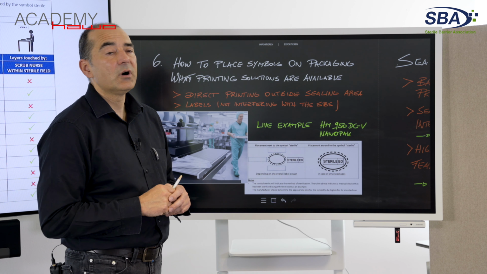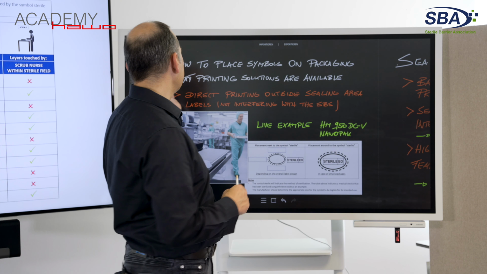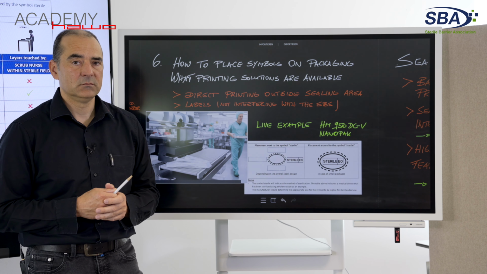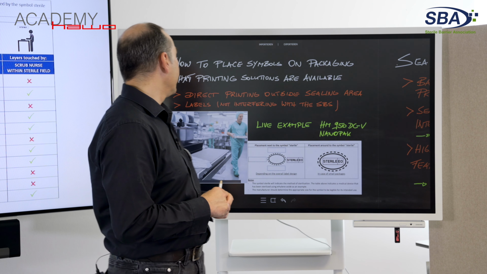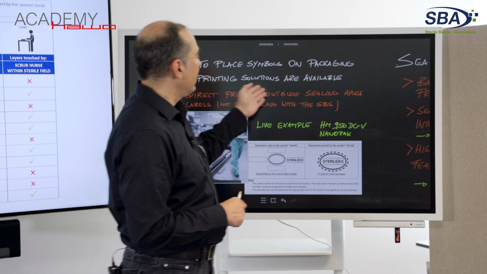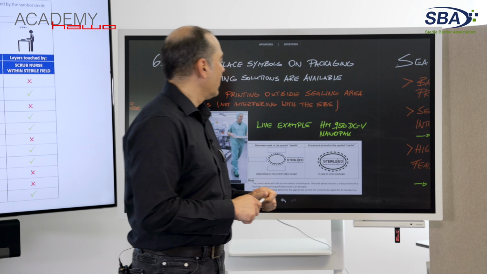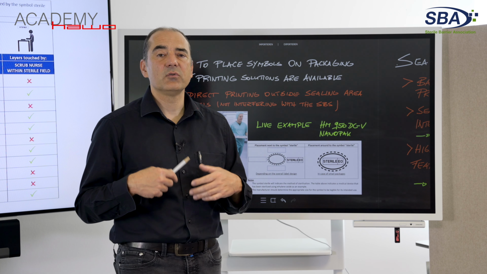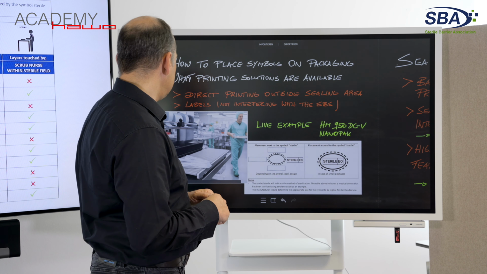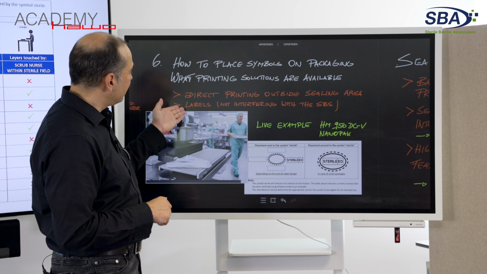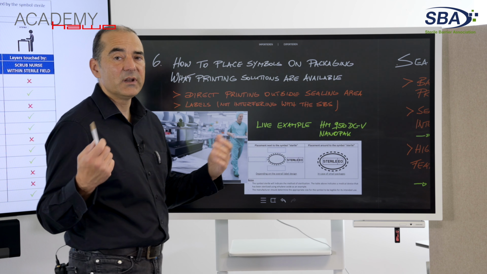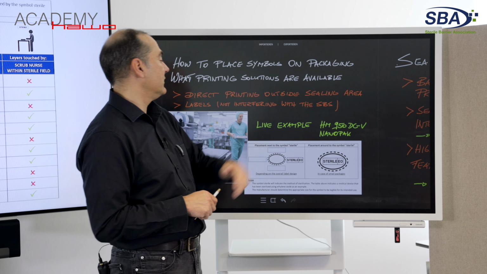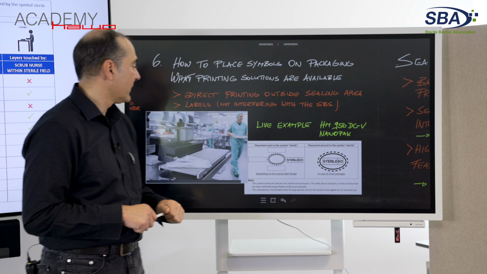Now, how to place the symbols on packaging? What printing solutions are available? Well, of course, direct printing on the outside of the sterile barrier system and, of course, outside the sealing area. Alternatively, labels, but please be careful that those labels won't interfere with the sterile barrier system.